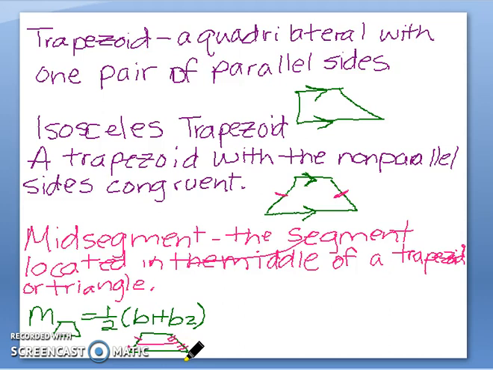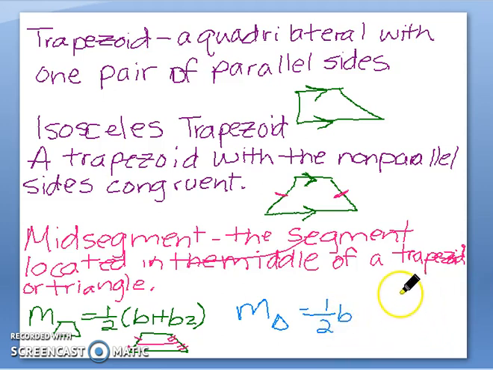Especially if it's not an isosceles trapezoid, you would have the two different markings because the sides would be two different lengths. Okay, then we have the mid-segment for a triangle, which is just 1/2 the base.